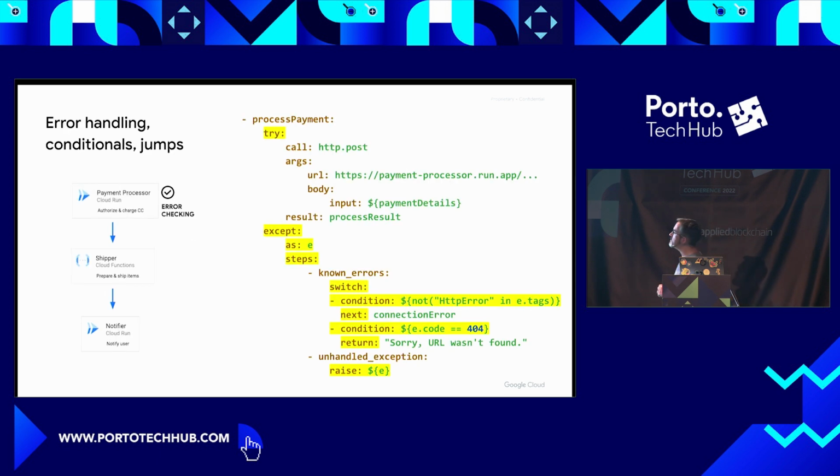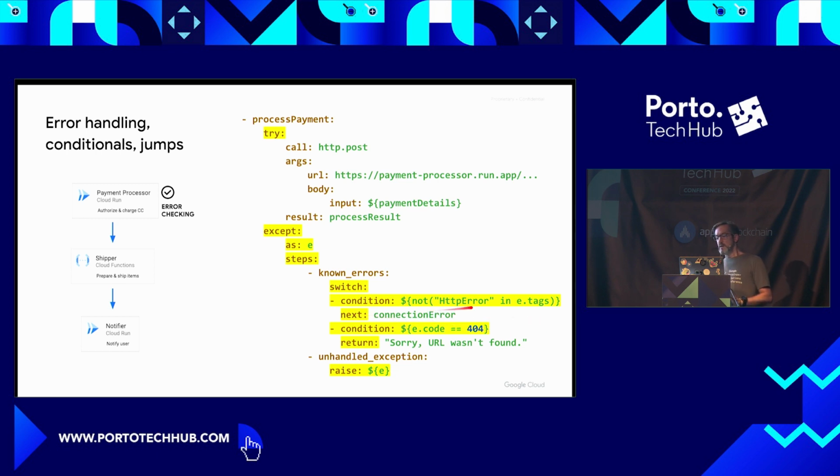For error handling, I'm going to combine several things here in that one example. So I can wrap my calls with a try except block, and I get the exception here. And if there's indeed an exception that's called, I'm going to define some other steps, like a sub-workflow, if you will. And in that sub-workflow, I'm using another construct, which is switch, with different conditions. So it's like a switch statement in programming languages, or like an improved if-else kind of conditional.